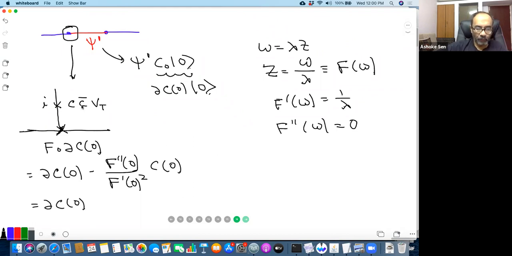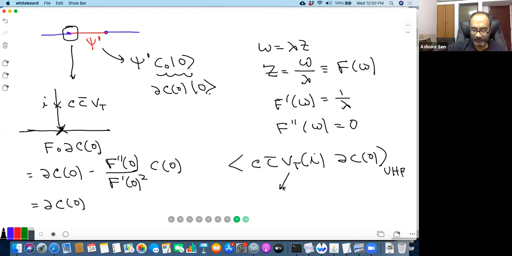So what you have to compute is the C bar. So you have to calculate this C bar Vt at I and del C at 0. These are on the upper half plane. But this you can relate to a computation in the full complex plane by what is called the doubling trick.